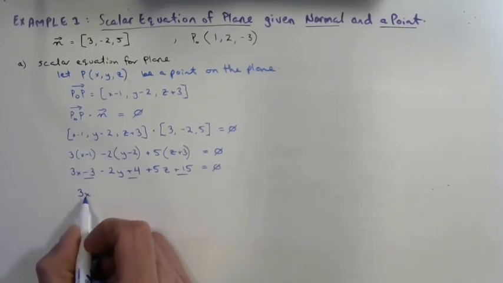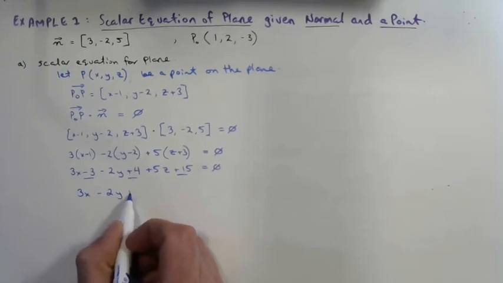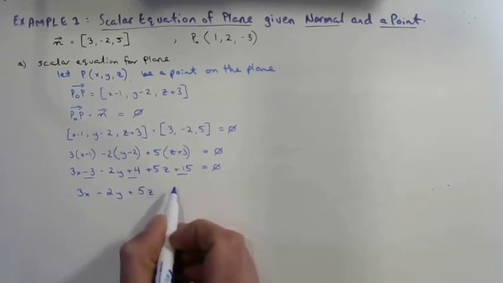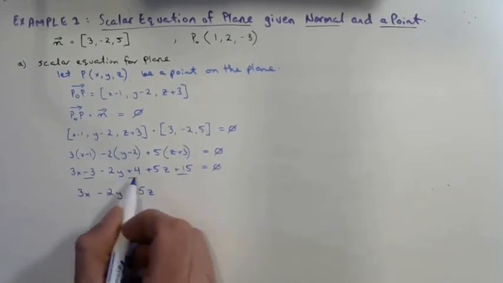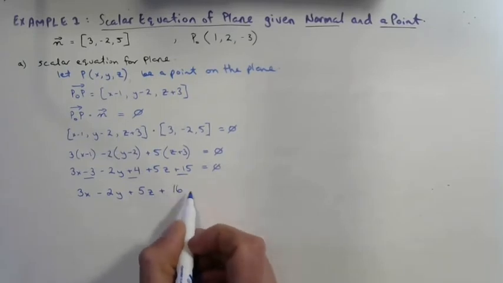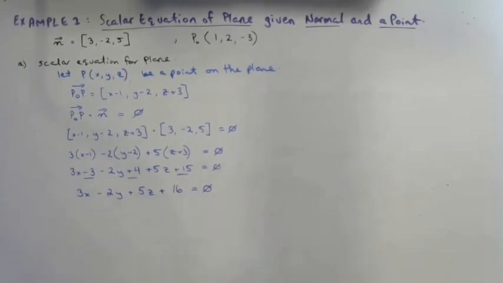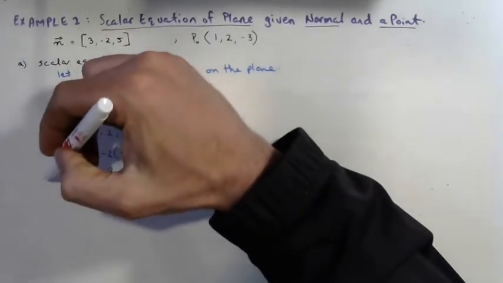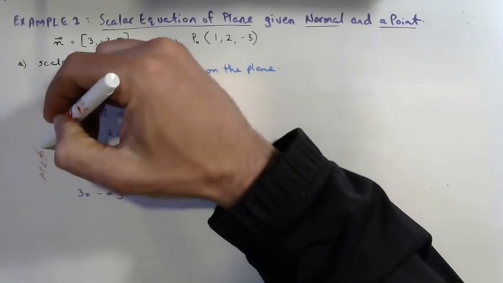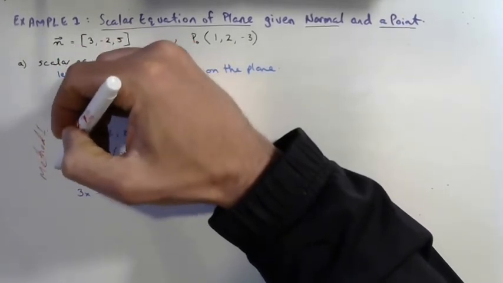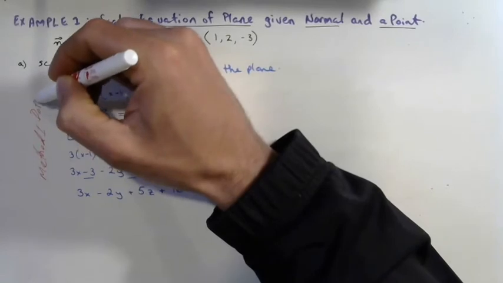So I've got 3x minus 2y plus 5z, and it's looking like 15 plus 1 is plus 16 equals 0. And there we have a scalar equation for the plane. Now, this was method 1, using the dot product.